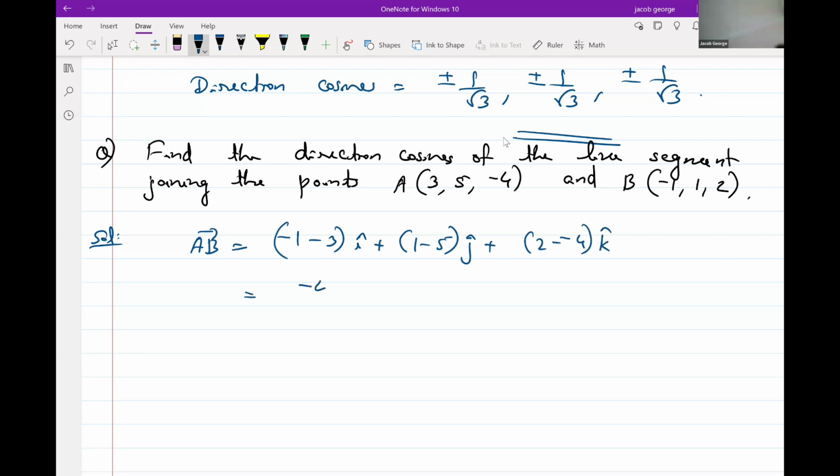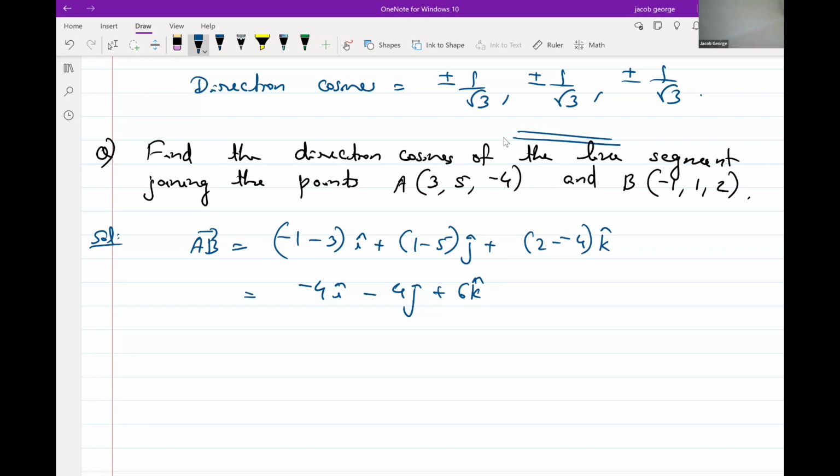That is equal to minus 4 i cap minus 4 j cap plus 6 k cap. So this is the vector. Coefficients of this vector will be the direction ratios.